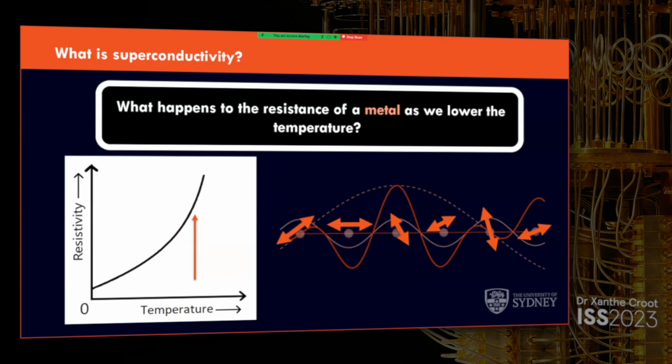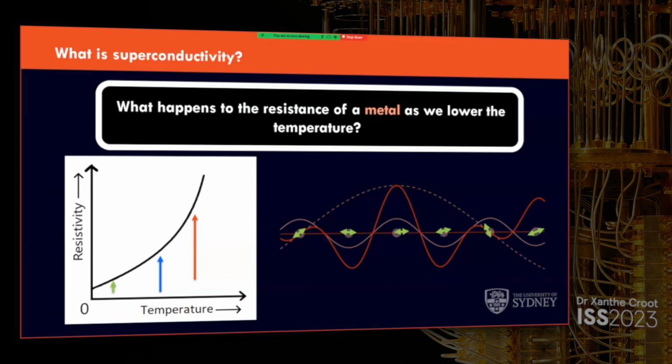The actual ions are moving around, and what that looks like to the electrons is resistance. So, as we cool this lattice, the motion of the ions is reduced, and electrons can flow through the lattice more easily, and that continues to lower and lower temperature.